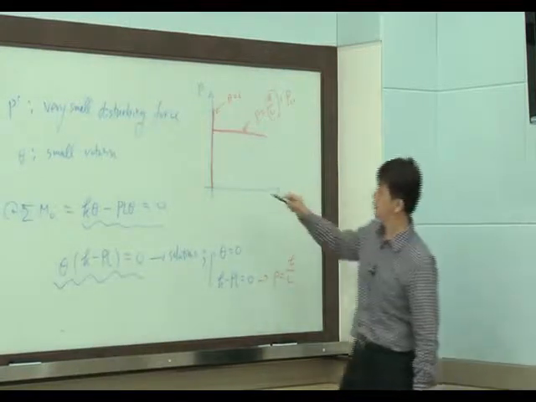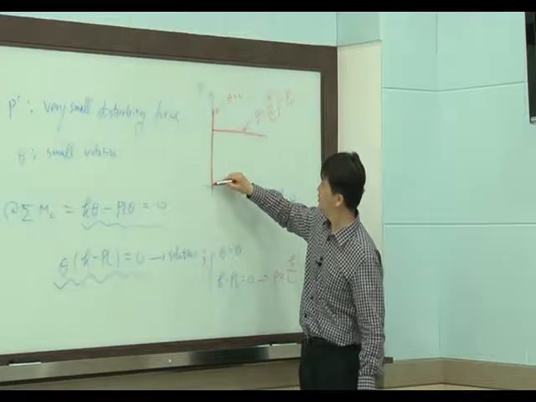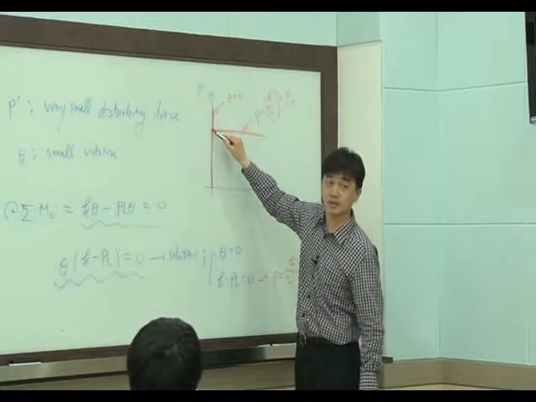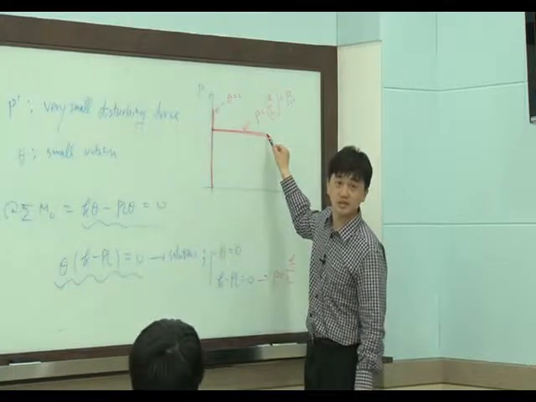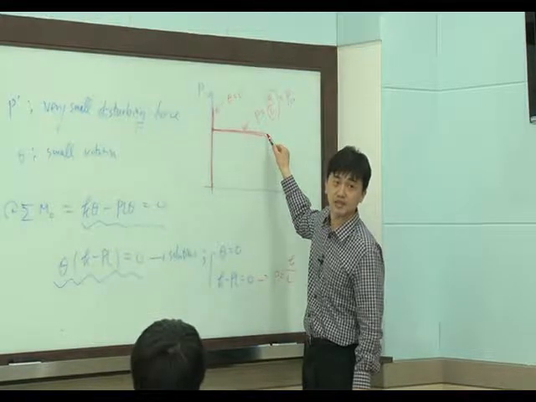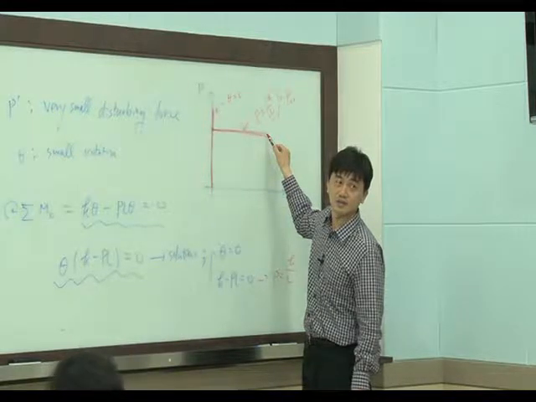Okay, so we have two equilibrium paths, right? If you increase the load, theta can always be 0, and at some point, theta can increase very rapidly with some rate. Understand?